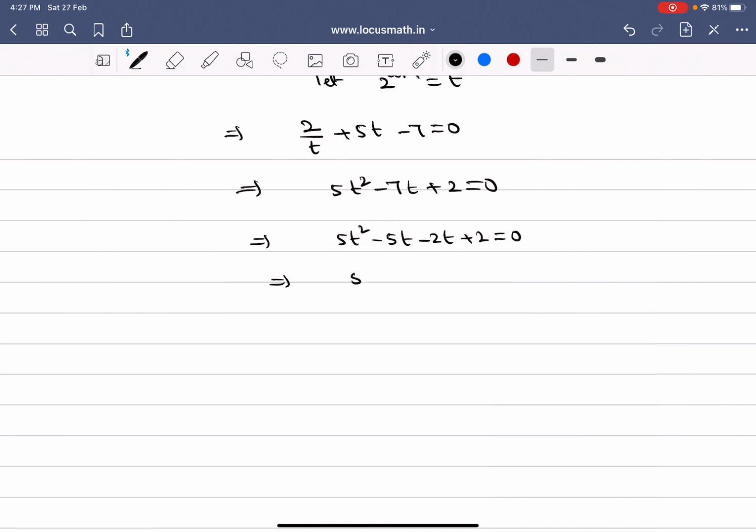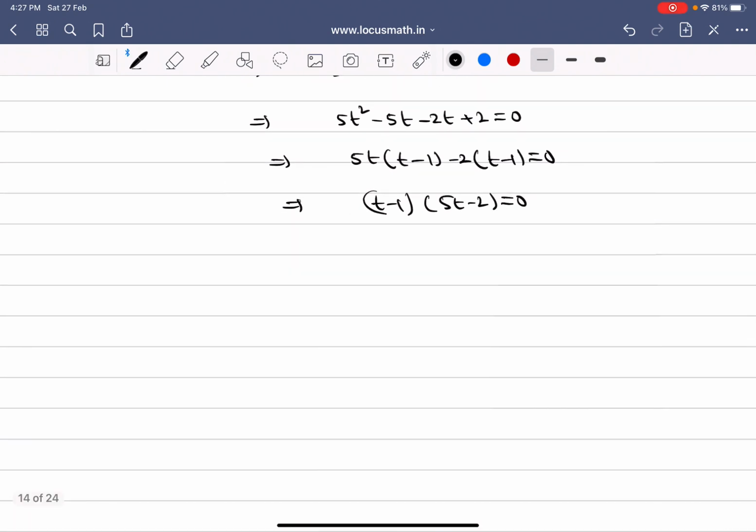This implies 5t into t minus 1 minus 2 into t minus 1 is equal to 0. That implies t minus 1 into 5t minus 2 is equal to 0, so t is equal to 1, t is equal to 2 by 5.